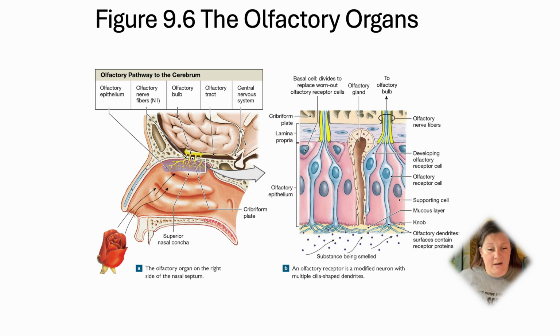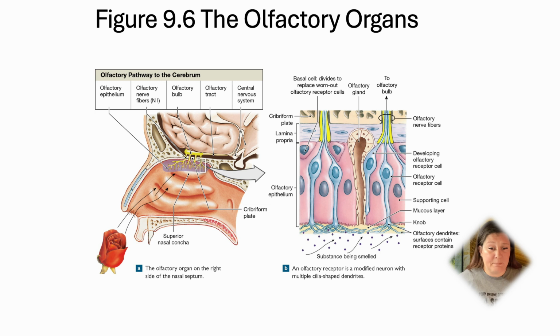And how that is done, if we look at this image here, we have a rose that we are enjoying the sweet smell of. The chemical components that make up that fragrance are going to enter into the nasal cavity, and they're going to travel until they land in the olfactory epithelium.